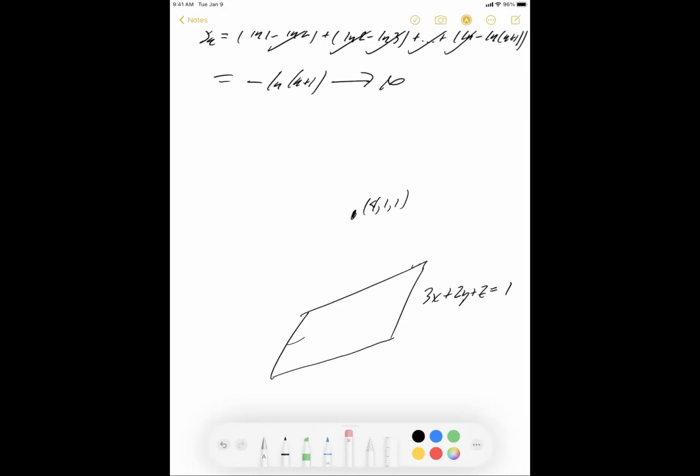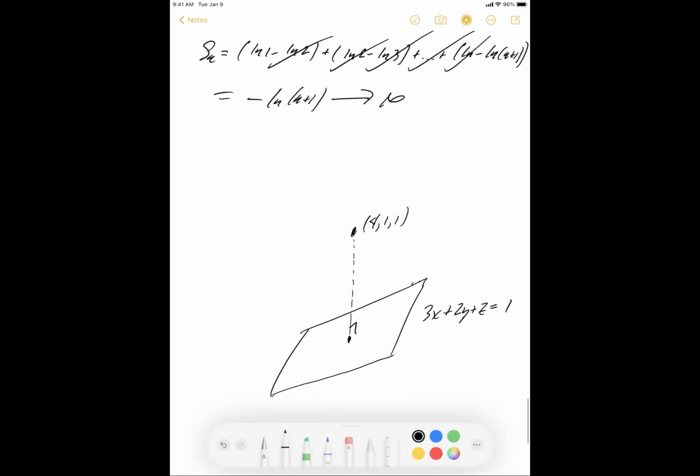My advice would be to find the closest point on the plane and then measure the distance between those 2 points. And the way to do that is to find the equation of the line that passes through (4,1,1) and hits the plane orthogonally.